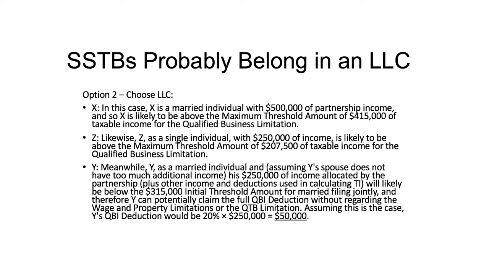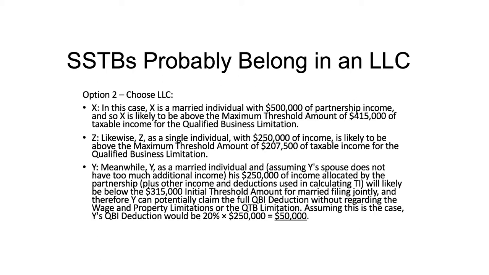So you're talking about $30,000 versus $50,000 in terms of operating through an LLC. If Y has an effective tax rate on that amount of 30%, you're talking about a $20,000 difference in the deduction, $30,000 versus $50,000. $20,000 times an effective 30% tax rate gives about $6,000 in tax savings each year from the deduction.